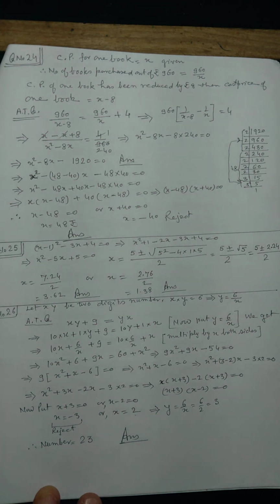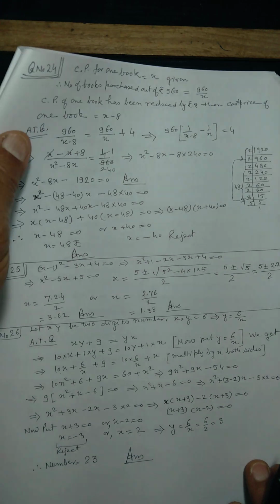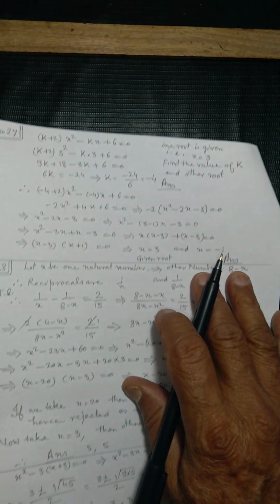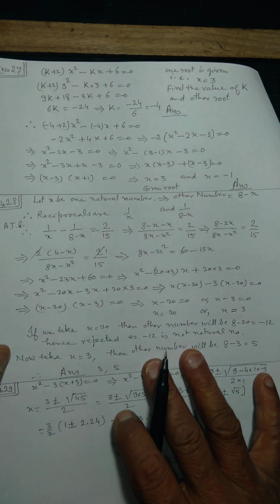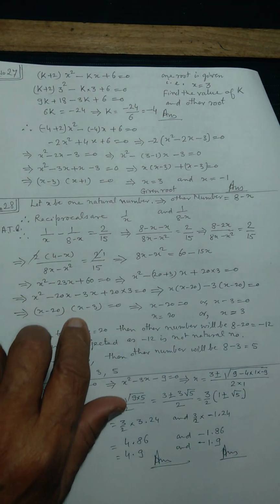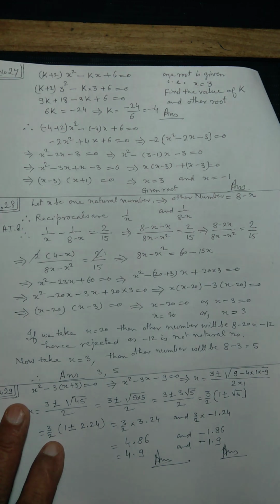Now proceed to question number 27. Question number 27 states: find the value of k for which x equal to 3 is a solution of the quadratic equation k plus 2 inside the bracket x square minus kx plus 6 is equal to 0.